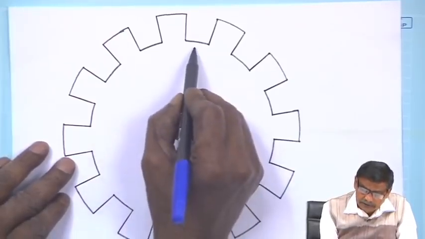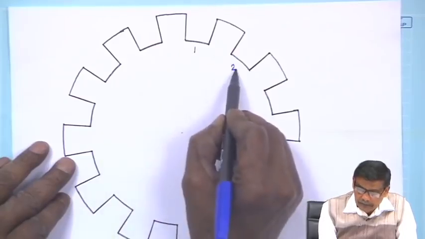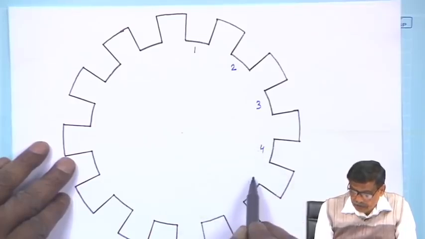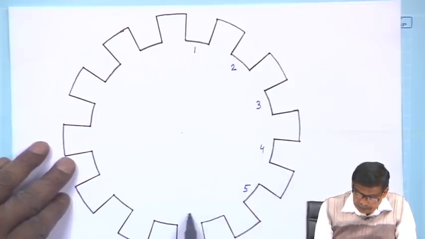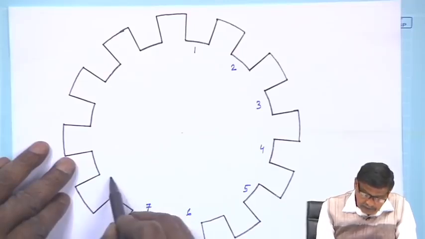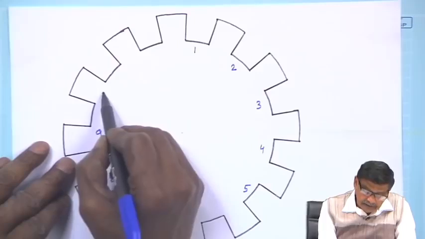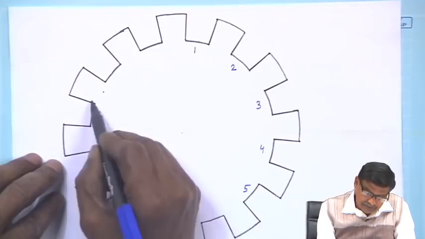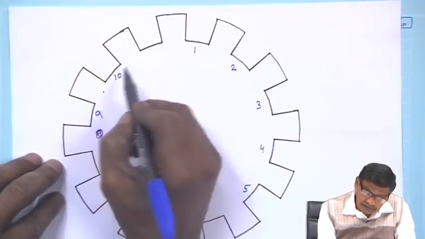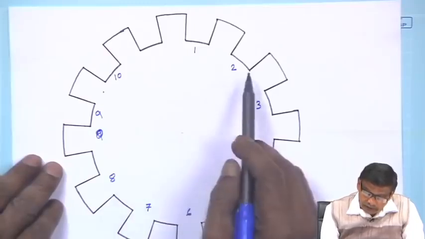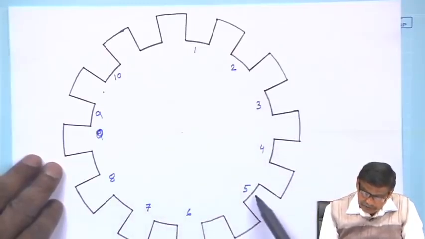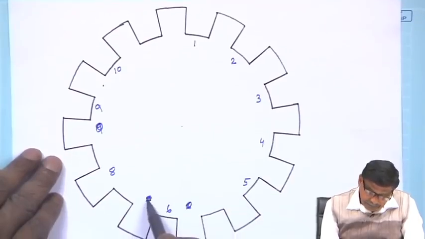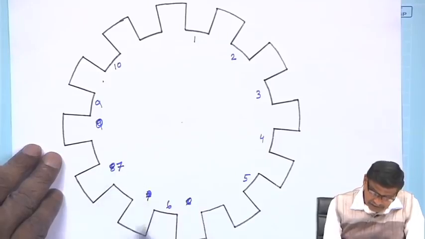So, let us start from this, say 1, 2, this is 3, 4, 5, 6, 7, 8, 9. No, this is not 9, this is the slot where the conductors will be placed, 10. So, 1, 2, 3, 4, 5, this should be 6, this should be 7, you clearly write.